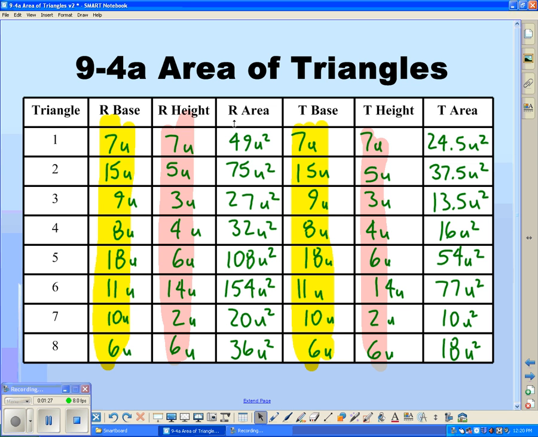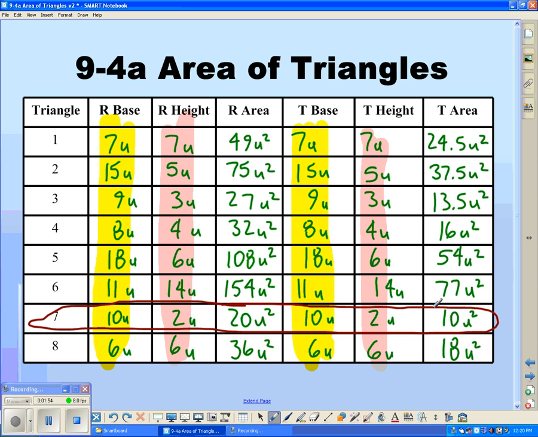We know the formula for finding the area of a rectangle was the base times the height. And if we look at examples like, let's see, this one here, particularly example number 7, where we have a rectangle that had a base of 10 and a height of 2 and an area of 20 square units. We have a triangle with a base of 10, a height of 2, and an area of 10 square units.